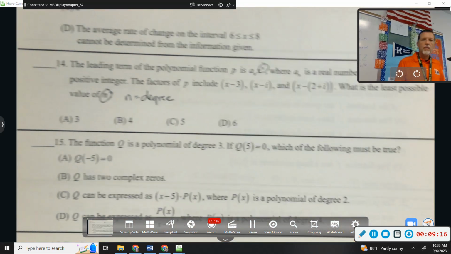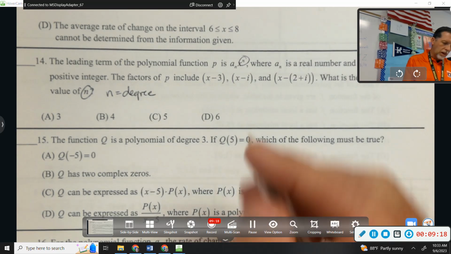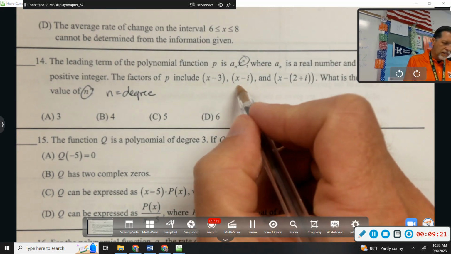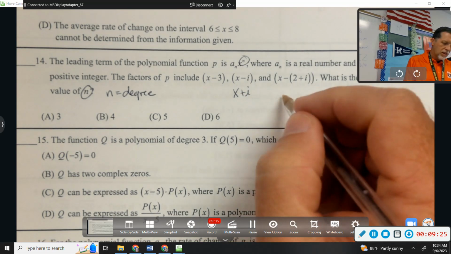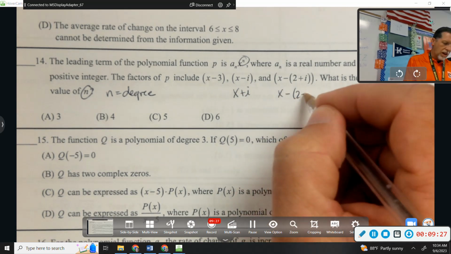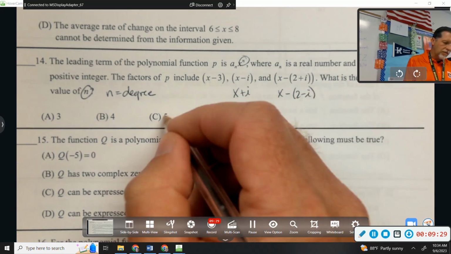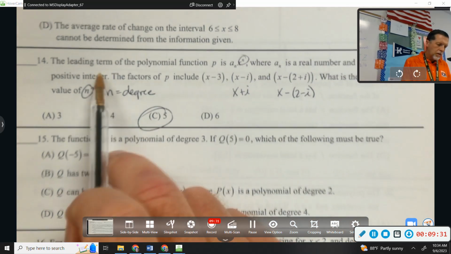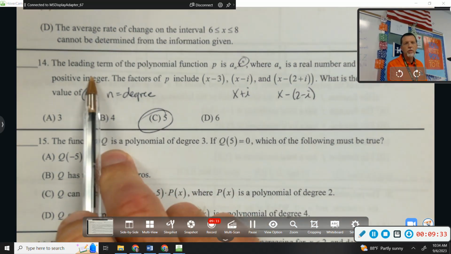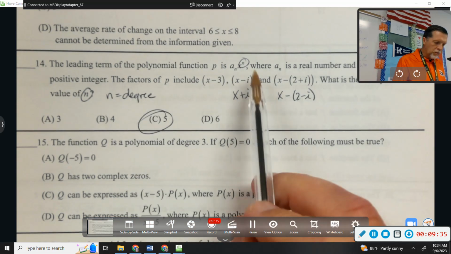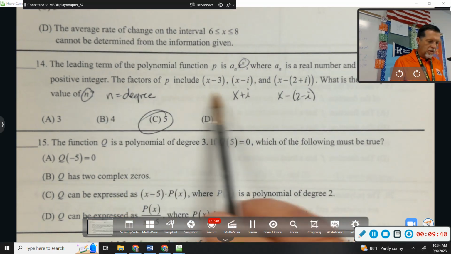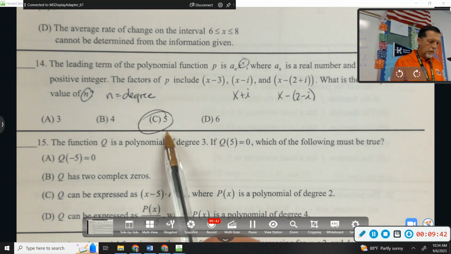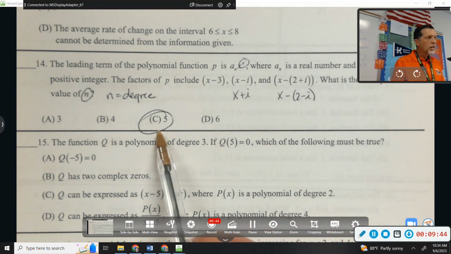So the degree of that polynomial, it gives me 3 zeros, but if x minus i is a root, x plus i is a root, and 2 minus i is a root, so now I've got 5 roots. Let me reread the question to make sure I'm not getting fooled. A is a real number, n is a positive integer. Factors include... so I feel good about this answer.